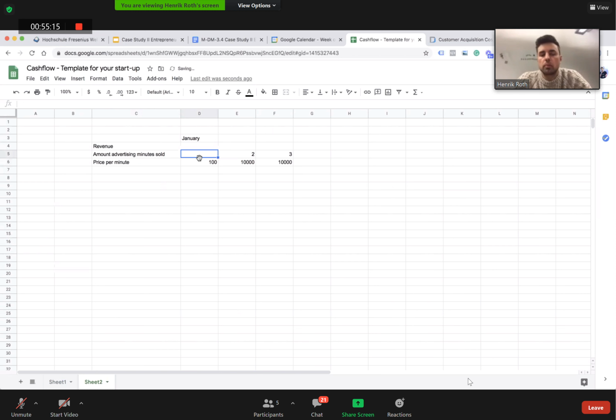In the first month, you will have, let's say, 2 brands, and they are willing to showcase their campaign for 200 minutes on your screens in the tunnel. So your revenue will be 200 times 100 euros, 20,000 euros.